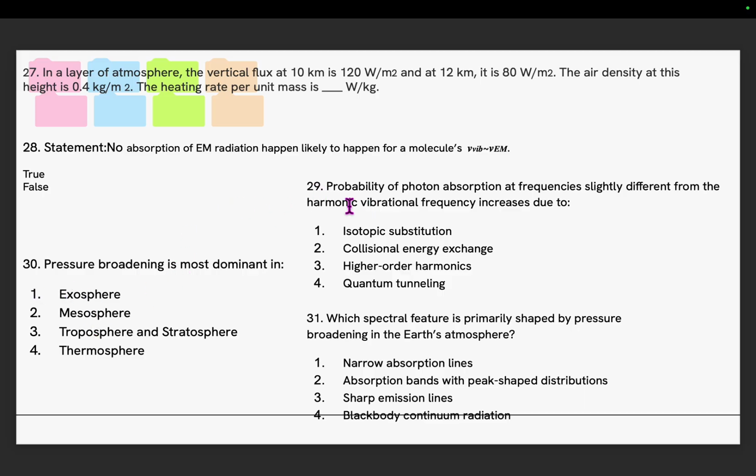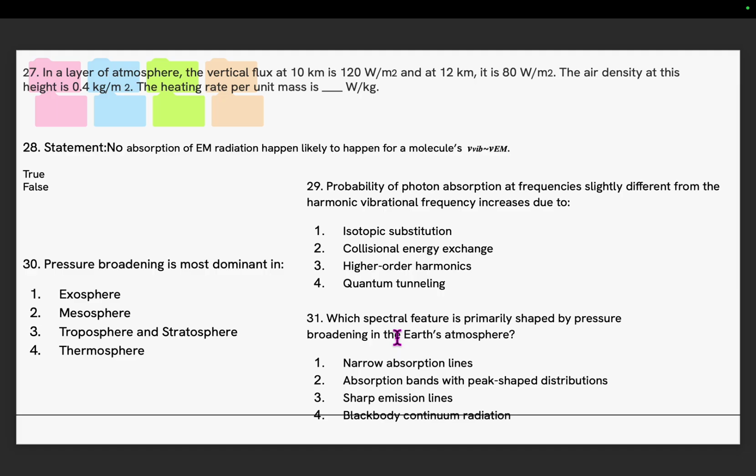Questions 29, 30, 31. In question 29, the probability of photon absorption at frequencies slightly different from the harmonic vibrational frequency is observed due to isotopic substitution, collisional energy exchange, higher order harmonics, and quantum tunneling.